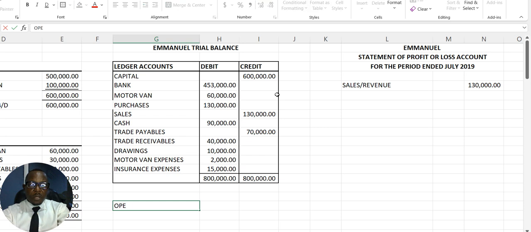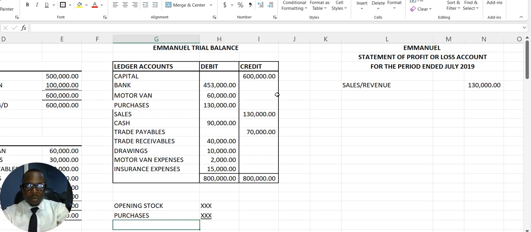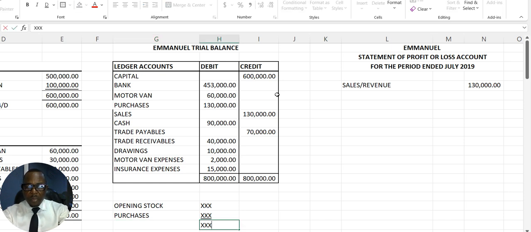All right, opening stock plus purchases. Opening stock plus purchases will give you an amount here.